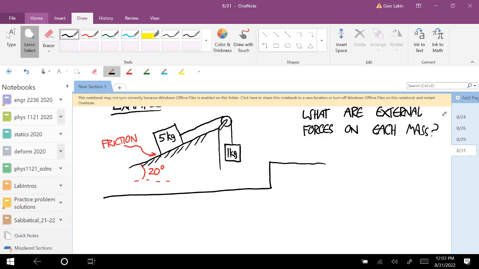When I isolate the block that's on the incline, so this has friction. When you did problems like this in Physics 1, you would choose a rotated coordinate system, so that you had the y-axis pointing out of the incline. We don't have to do that in statics. And the reason is that we're almost always dealing with static friction.